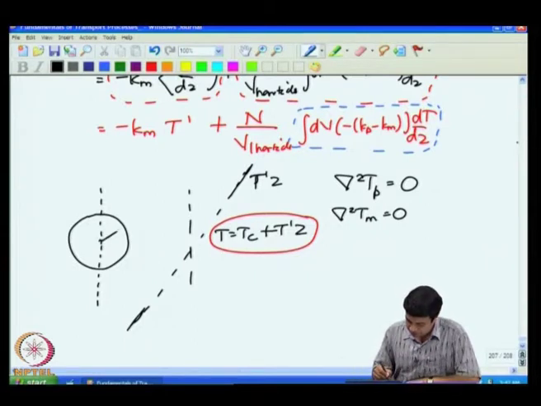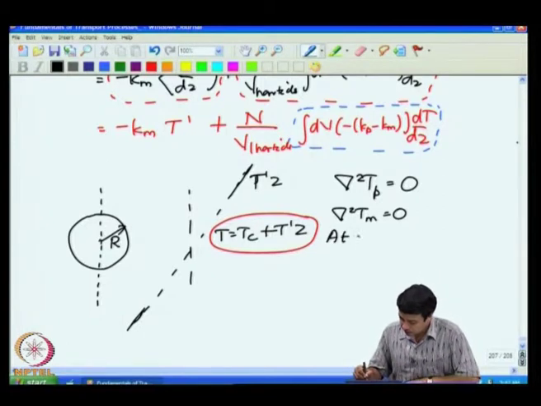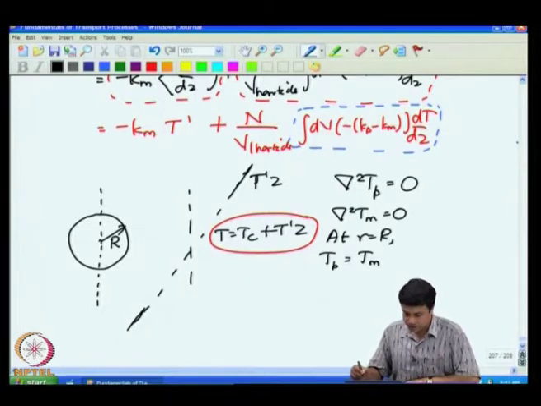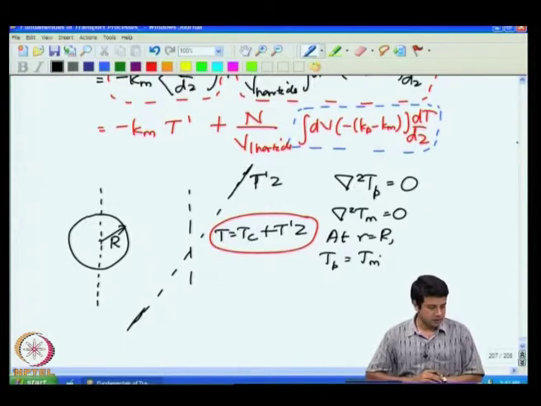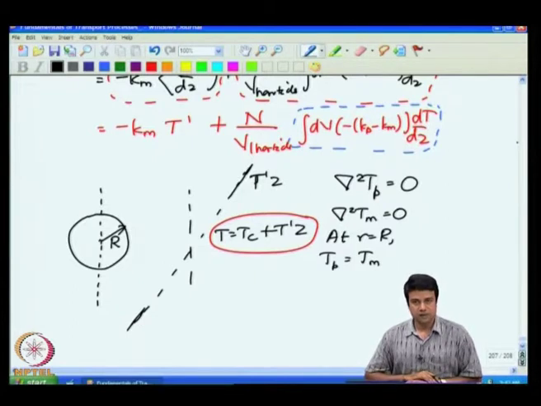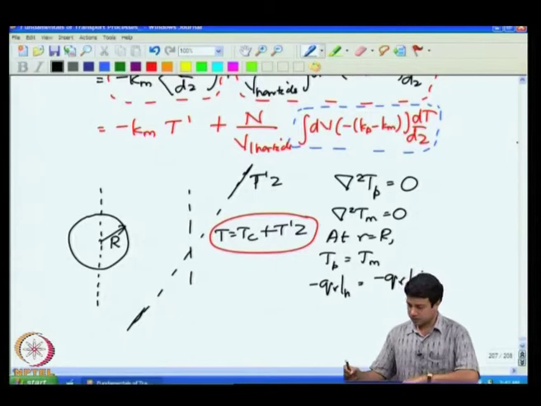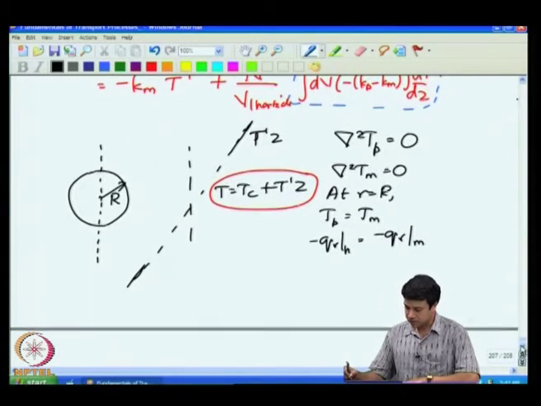If I choose the particle radius as r, then at r is equal to r, T particle is equal to T matrix. So, I require that the temperatures in the particle and the matrix phase are both equal. Also, the heat fluxes normal to the surface have to be equal: minus QR in the particle is equal to minus QR in the matrix. So, the heat fluxes in the two phases have to be equal.